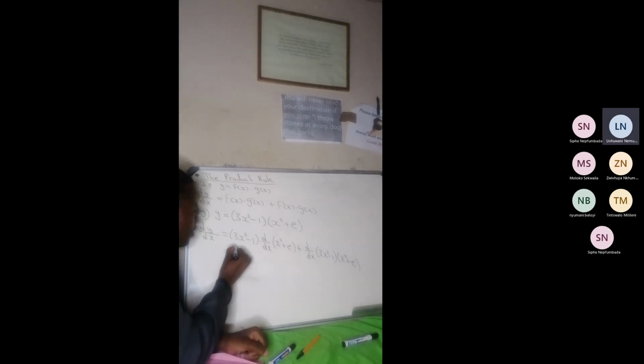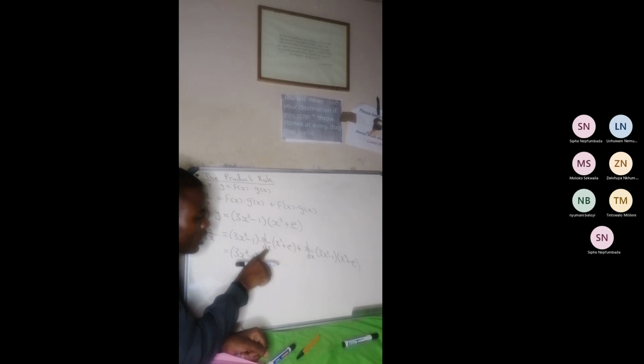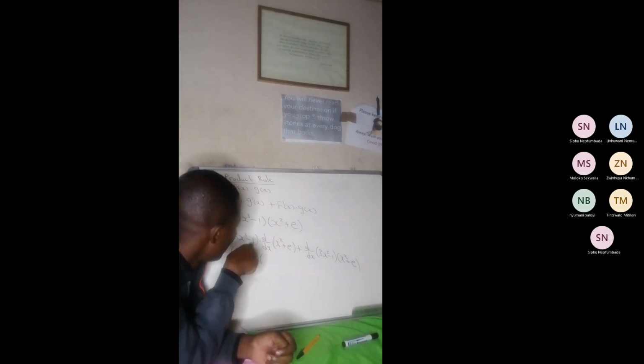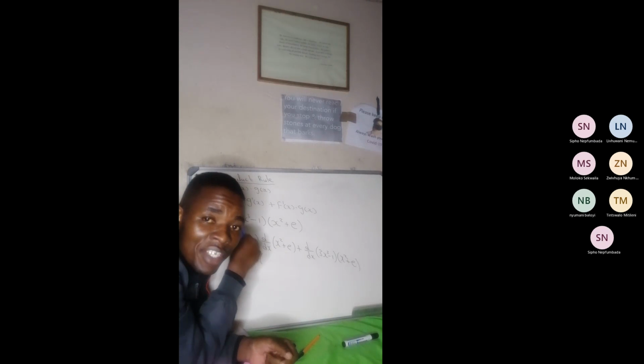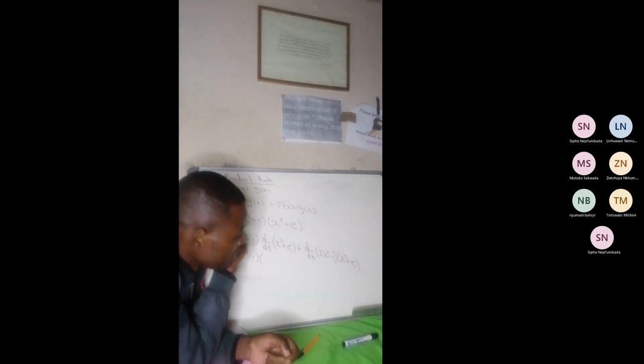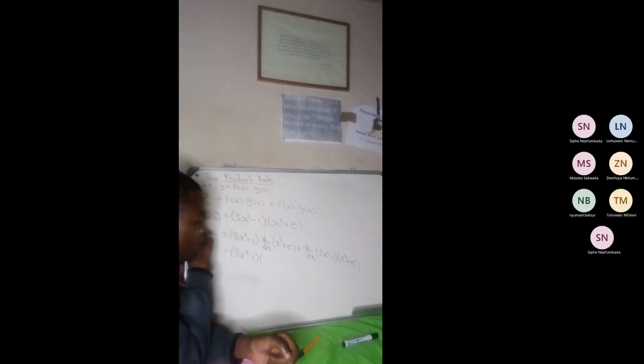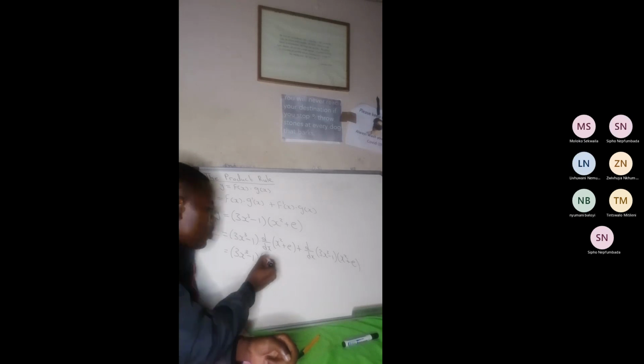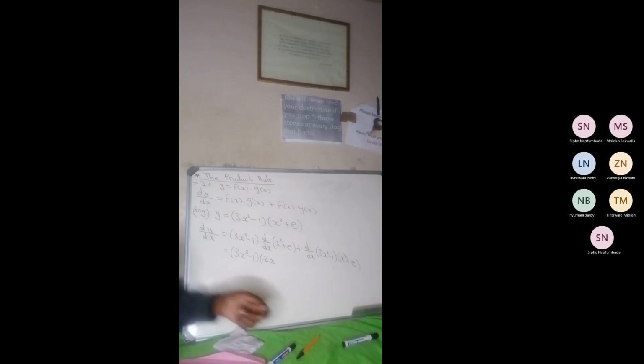So now we have our 3x cubed minus 1 multiplied by, what is the derivative of x squared plus e? What were you going to write here? 2x plus 0, which we won't write.